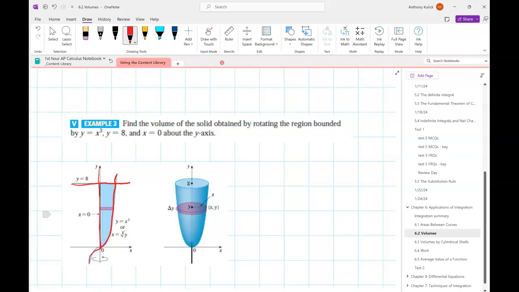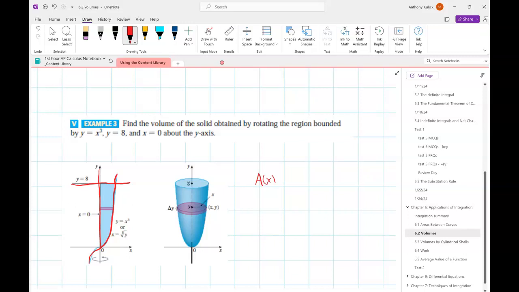The shaded region in here is what we have. And this time we're rotating it about the y-axis, so it's like spinning around the y-axis. So I have something that's going to look like this, where that's my disk.